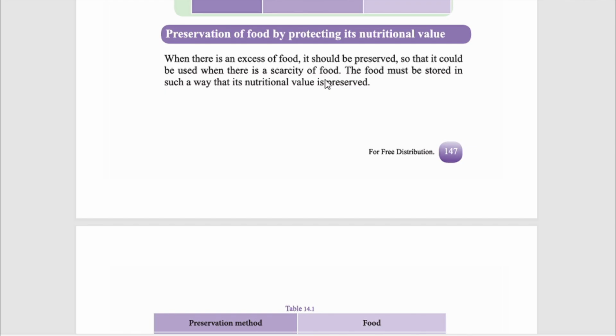At some times of the year there is excess food, so we can't throw it away. Fish too, the same, like jadi. During scarcity of food we can use them. The food must be stored in such a way that the nutritional value is preserved.